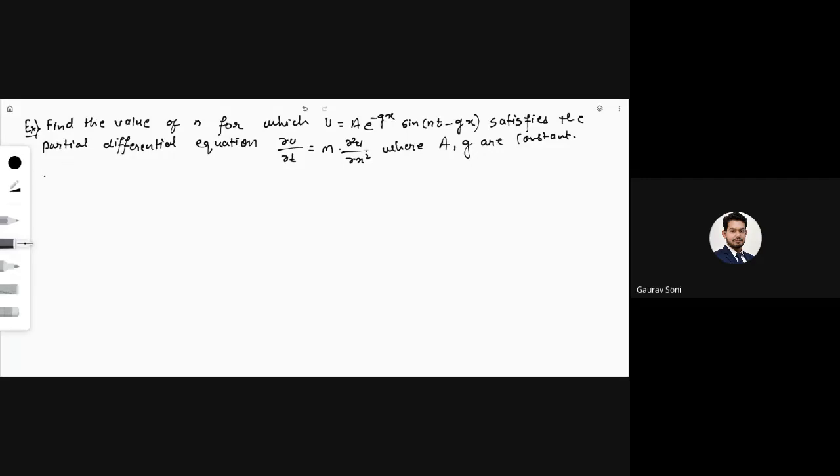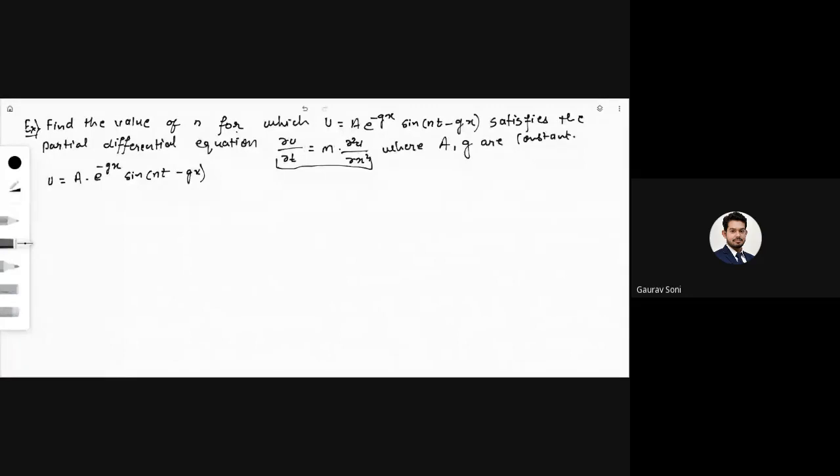So what we have, u is equal to capital A e to the power minus gx sine of nt minus gx. We are given that this u satisfies this equation, so we need to find the value of n.